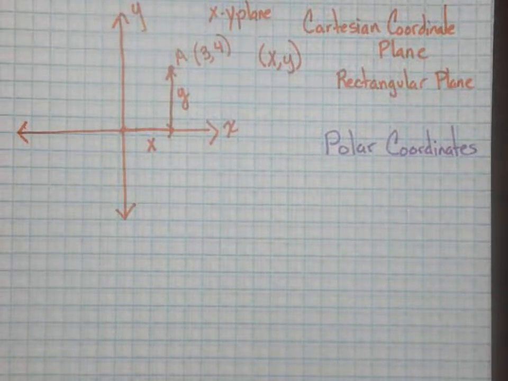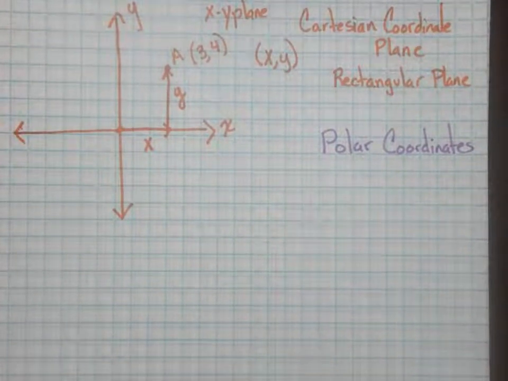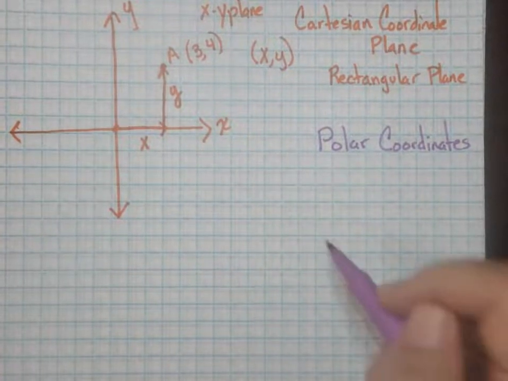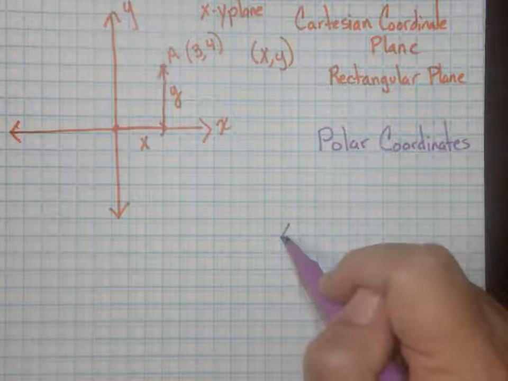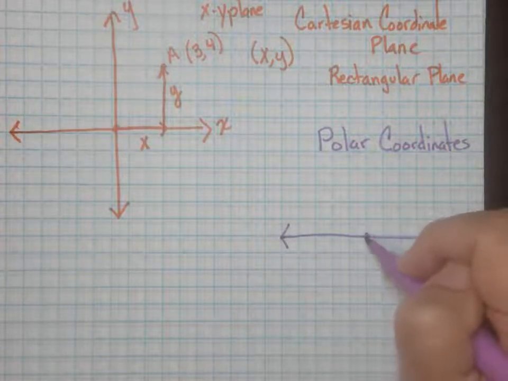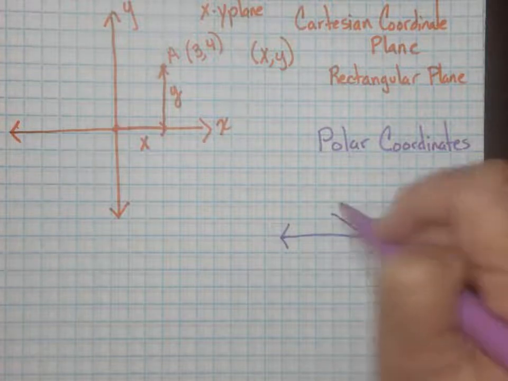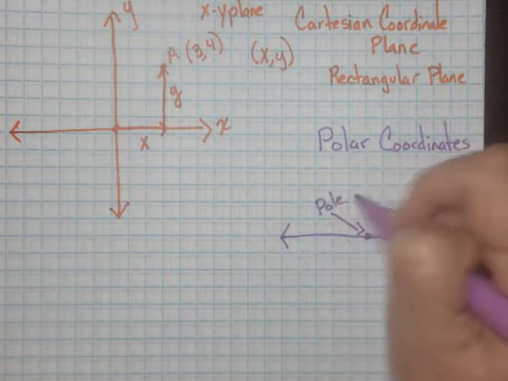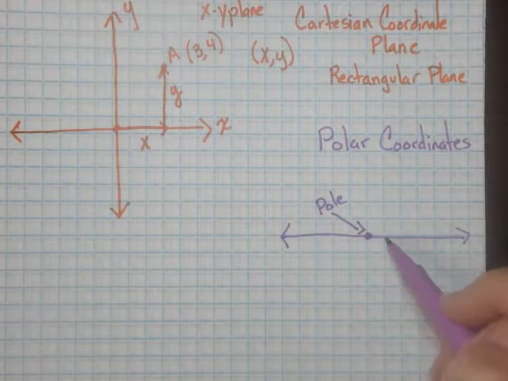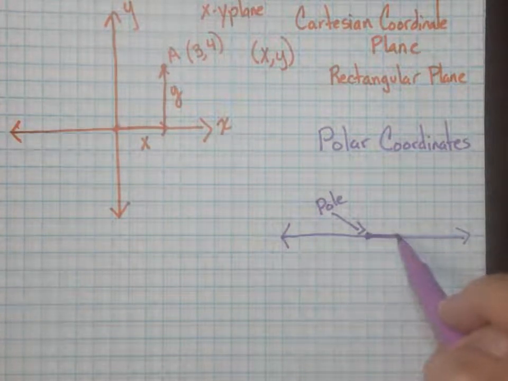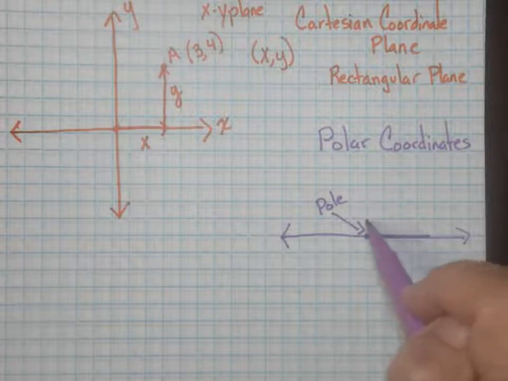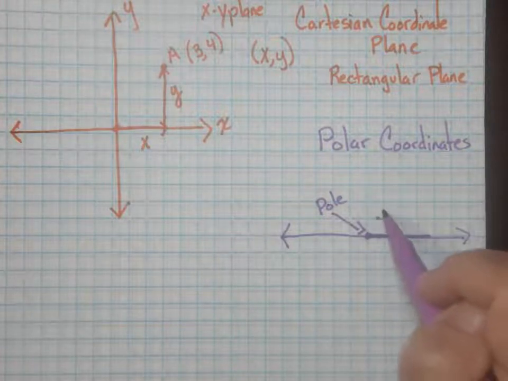So when we talk about polar coordinates, we don't have an XY plane anymore. What we do have is a starting point here, which is called the pole, thus the name polar. And then from the pole, you start this direction and you measure an angle going counterclockwise.